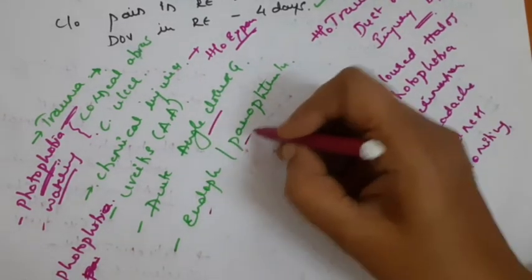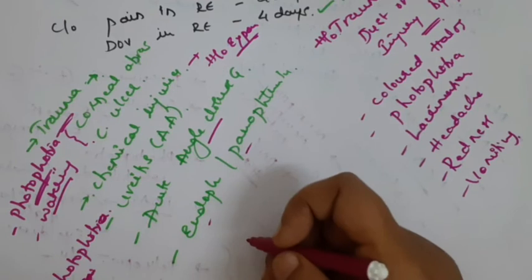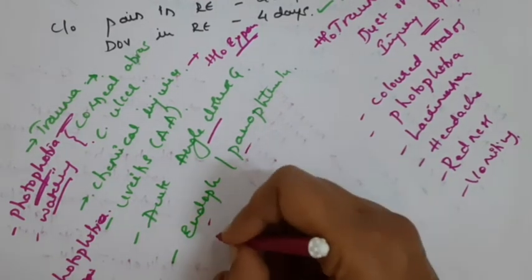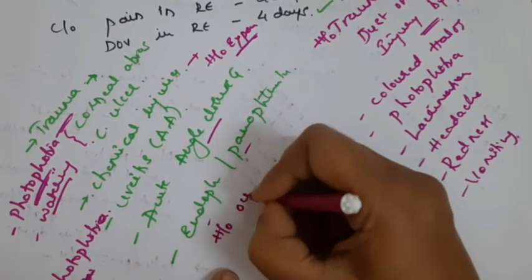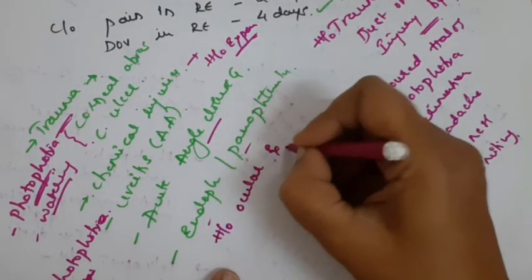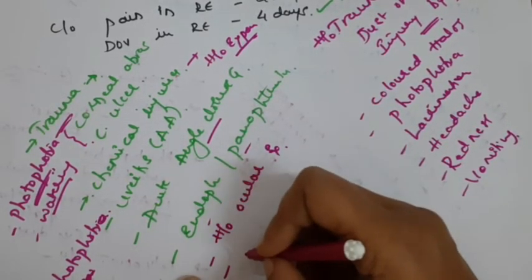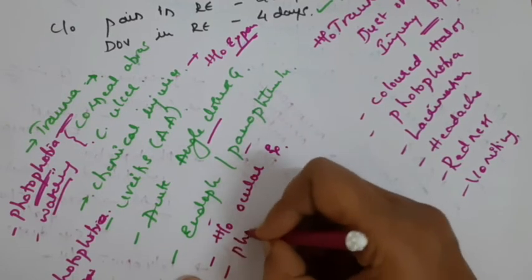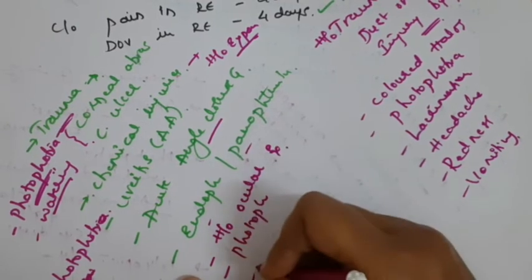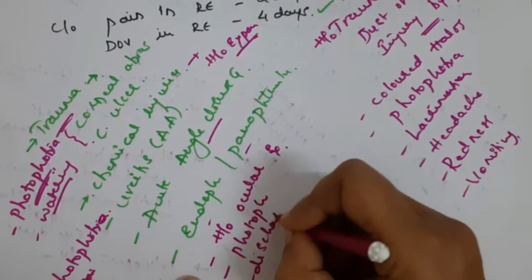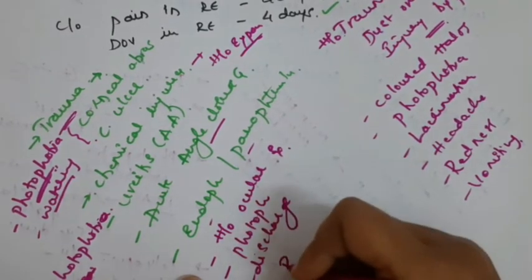In case of endophthalmitis or panophthalmitis, follow surgery also. So ask for any history of ocular surgeries or the symptoms of the corneal ulcer, like again photophobia, discharge from the eye, redness of the eye.